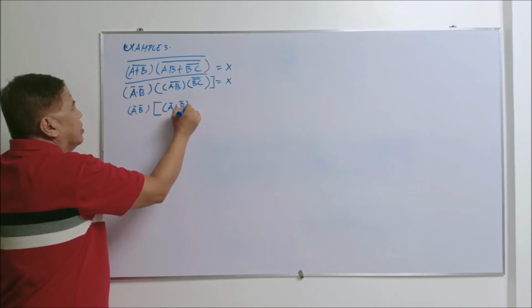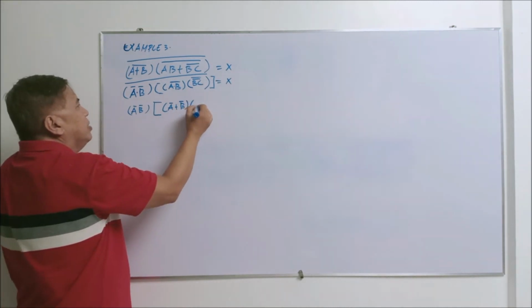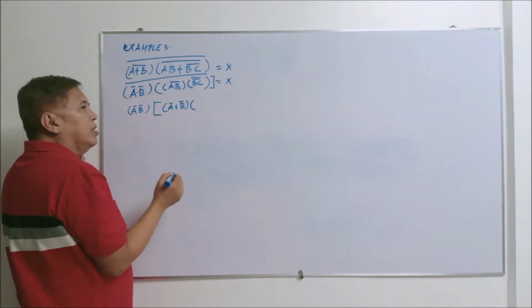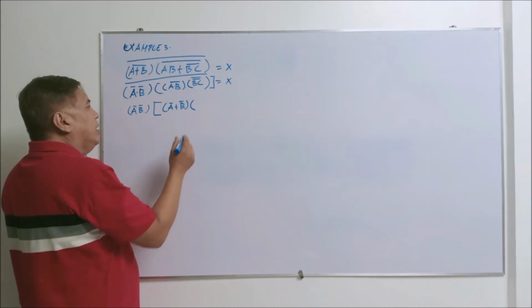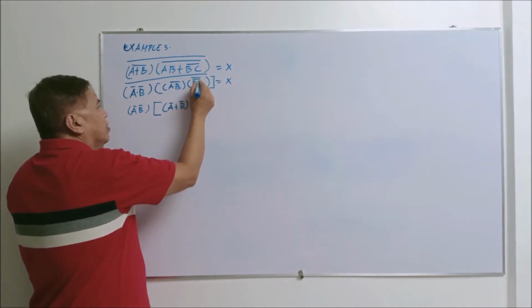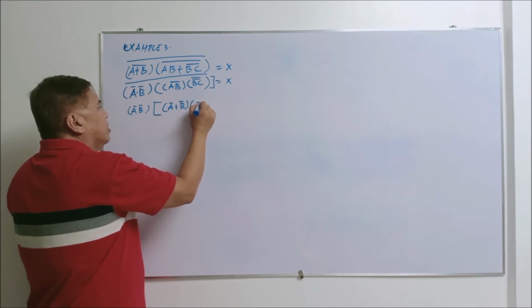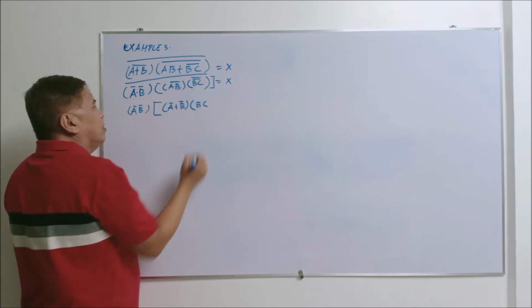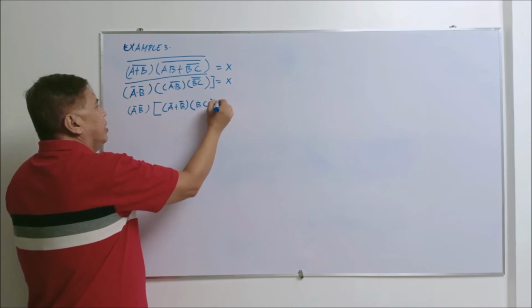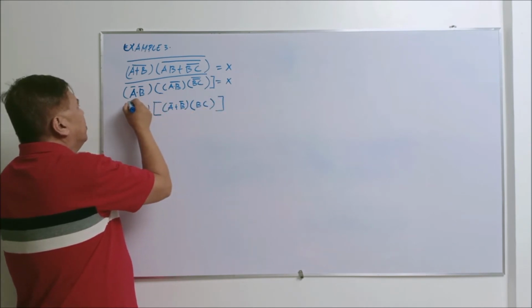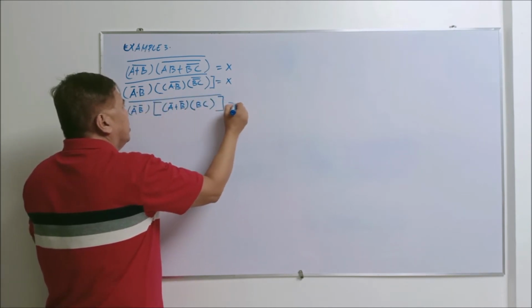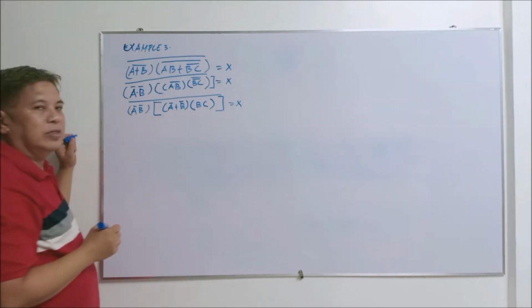So you have B bar, okay? Then times BC complement, that is rule number 9, I think. Double complement is eliminated, so you have BC, okay? And then all of these are being complemented. That is equal to X.